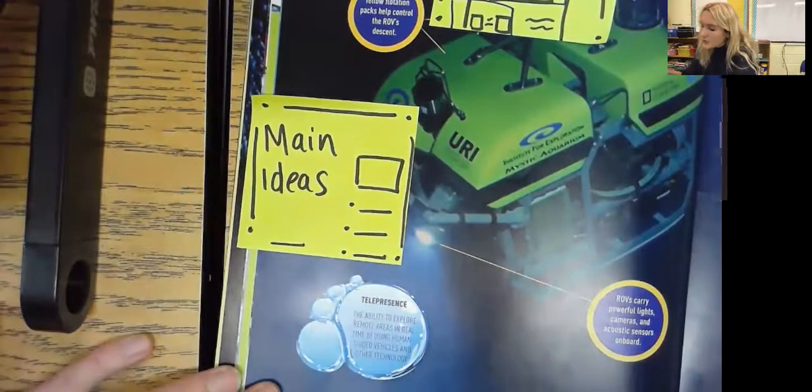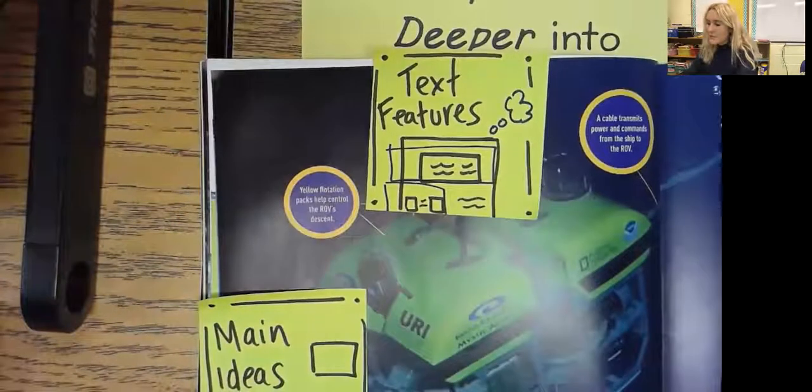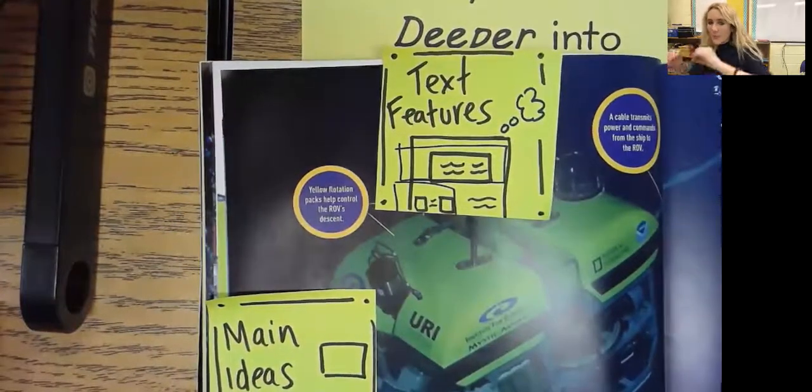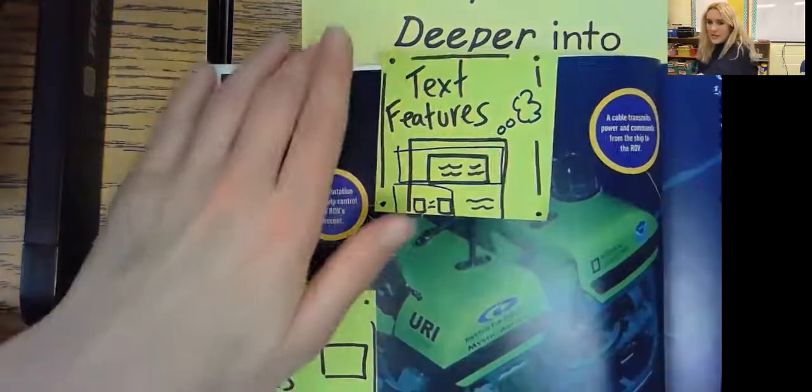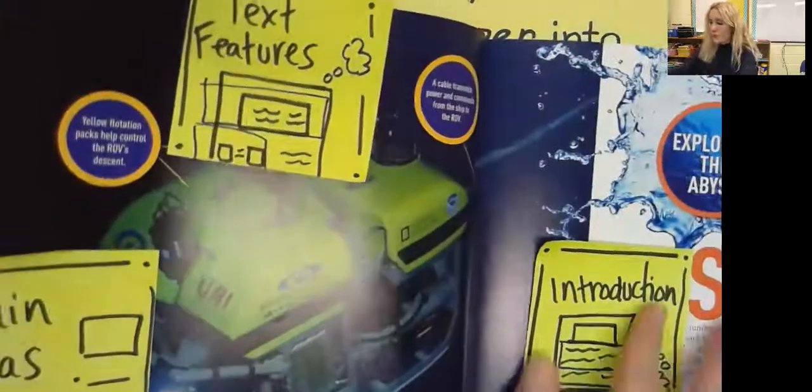Telepresence, the ability to explore remote areas in real time by using human-guided vehicles and other technology. Okay, so just from the text features, I'm getting the sense that this will be about people using technology to understand what's way, way down in the ocean. Let's check and see if that holds true when we look at the introduction.